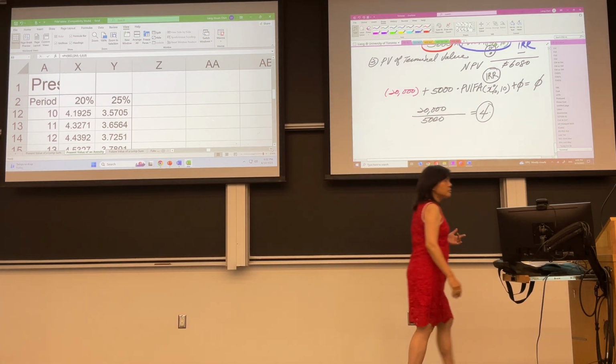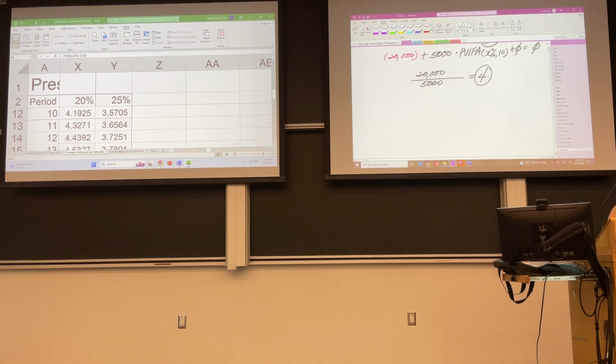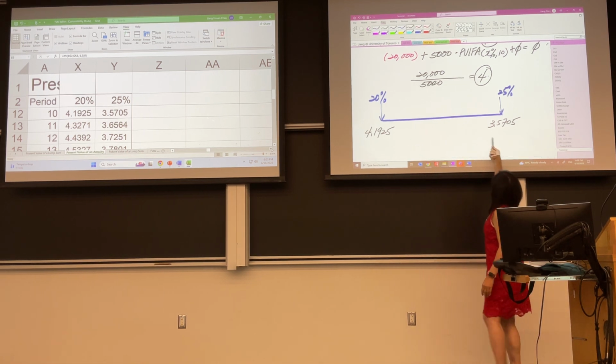So what we have to do is interpolation to figure out roughly what the percentage is. At 20%, the corresponding interest factor is 4.1925. At 25%, the corresponding interest factor is 3.5705. So how about 4? I think 4 is closer to 20% rather than 25%.